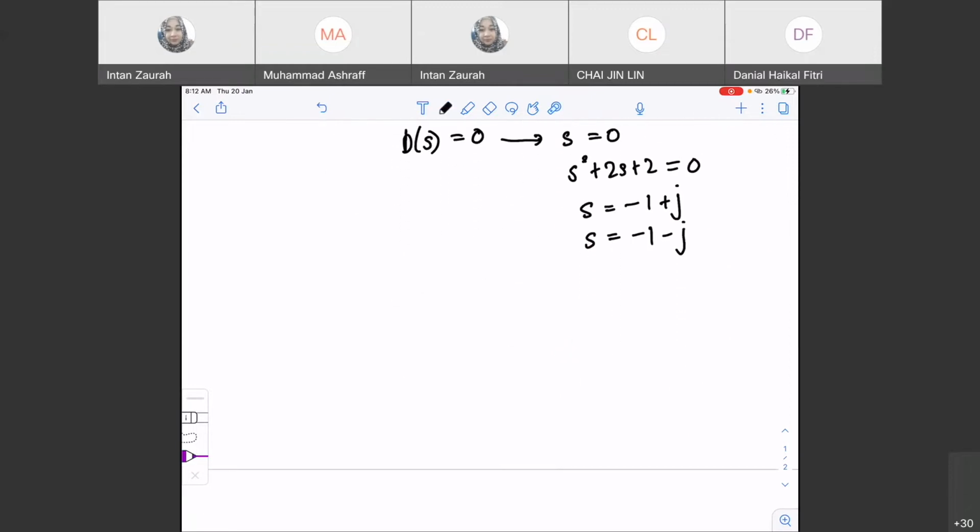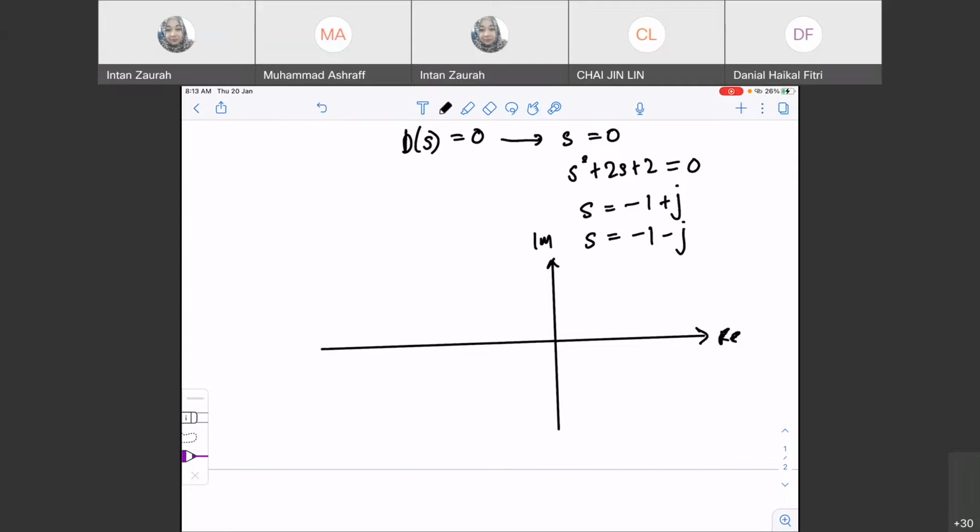You need to complete by sketching the poles and zeros on your S-plane diagram. As I mentioned, for plotting in the S-plane diagram, you need to use your graph paper. But while you're doing your solution here, you just sketch first so that you can know how the locus looks.